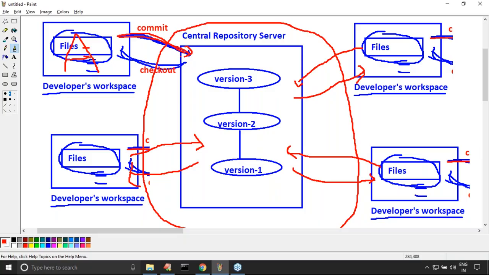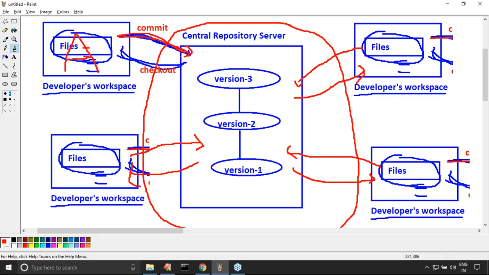You have to connect with the remote central repository server over the network, because the central repository server is not on your local machine; it's available at a remote location. You need to get those files, so the checkout operation happens over the network by connecting with the remote server.